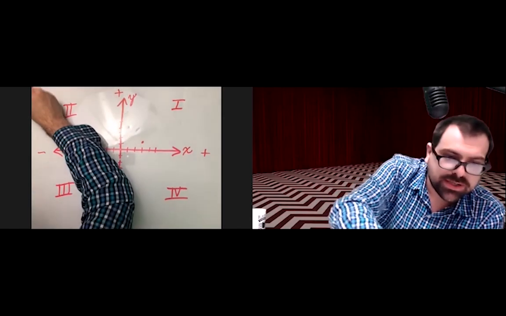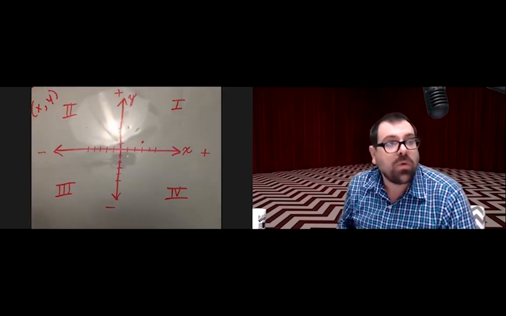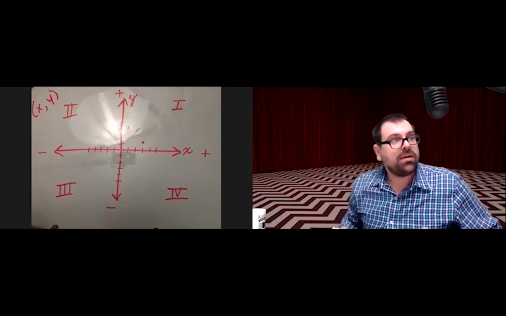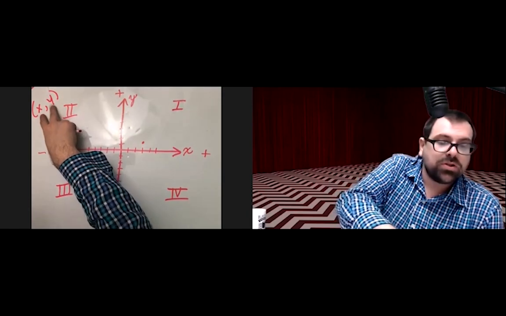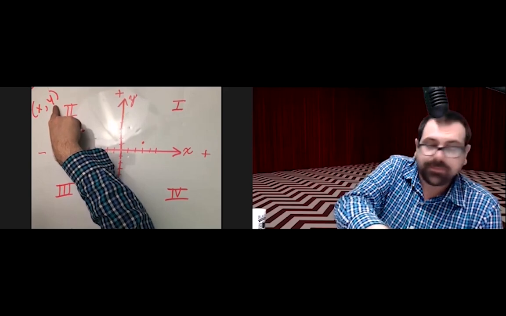And these coordinates are going to be of the form x comma y, where x and y are in parentheses. So in parentheses, there are 2 coordinates. The first is an x, the second is a y.